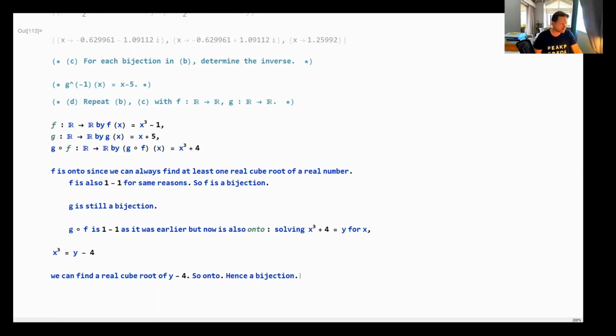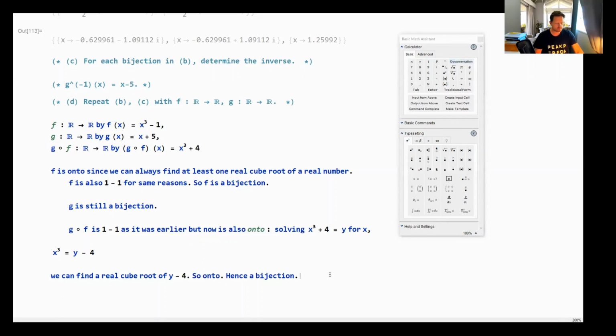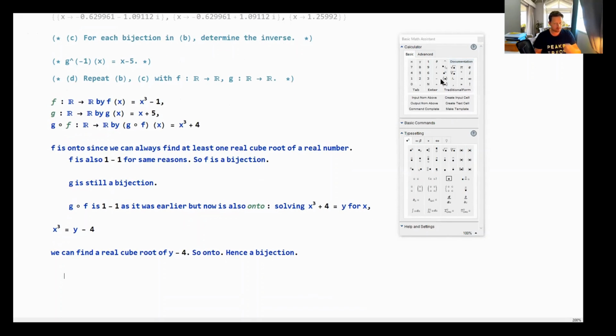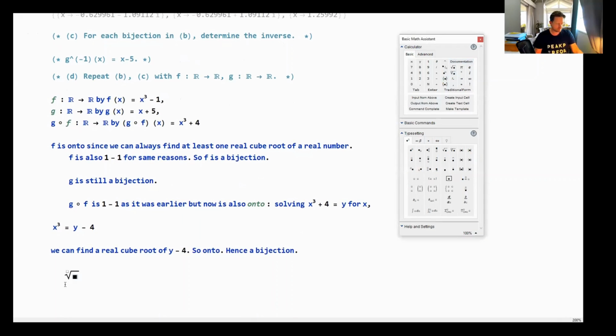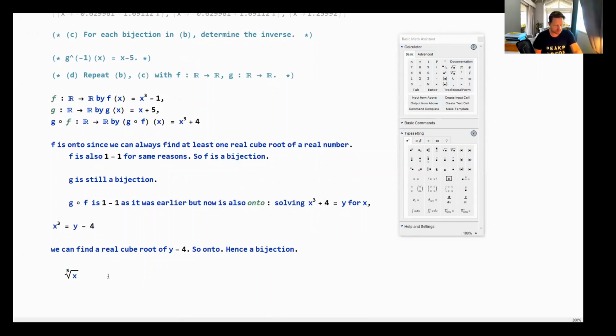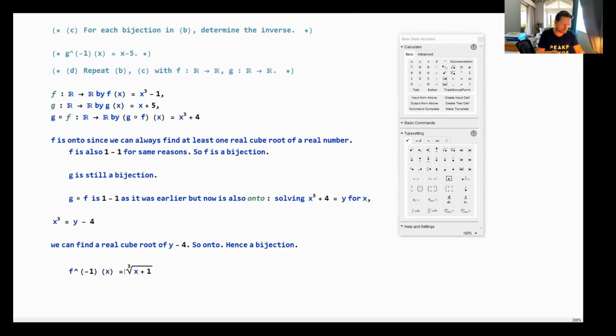Okay, so to do that, I need to go open the palette and find the cube root button. So I'll just put that right here. And we need to put a 3 there. And so this one here, x plus 1, will be the inverse of f. So f inverse of x is the cube root of x plus 1.